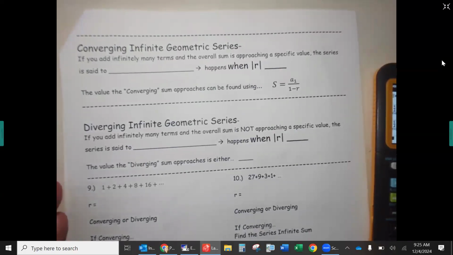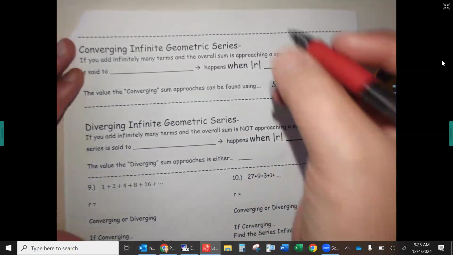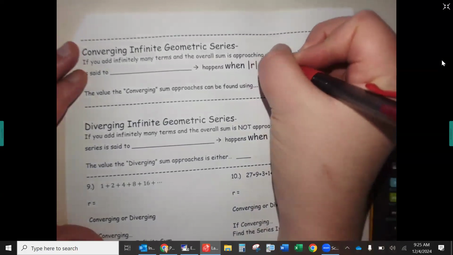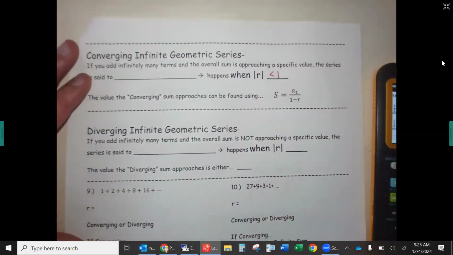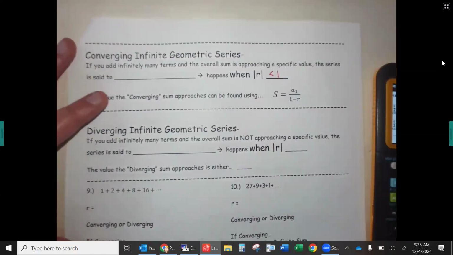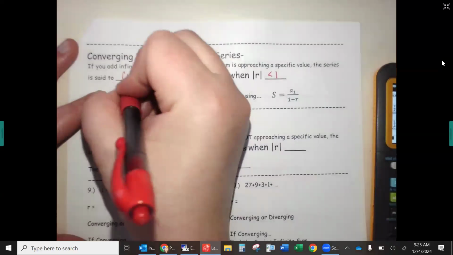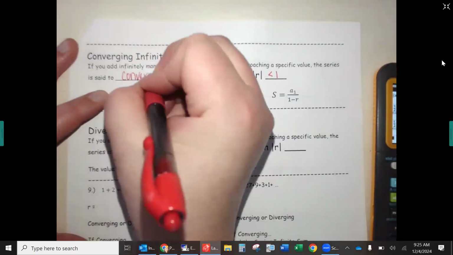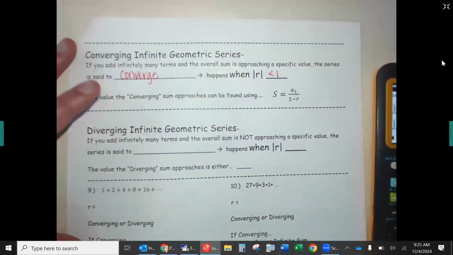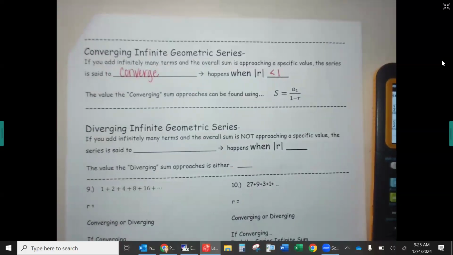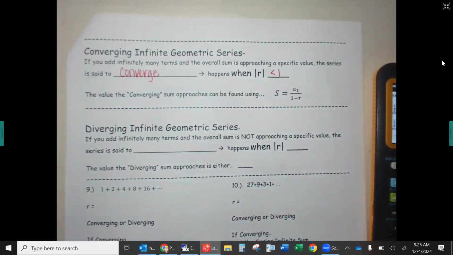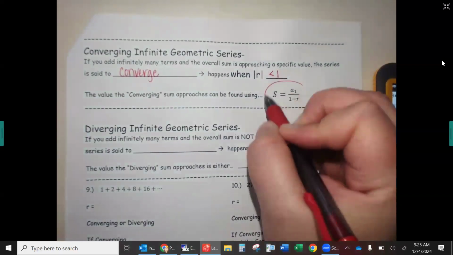Okay, when you do that, if your R is less than 1, your list, even though it goes on and on and on forever and ever and ever, is going to converge to a particular value. Okay, and you can find that value using this formula right here.